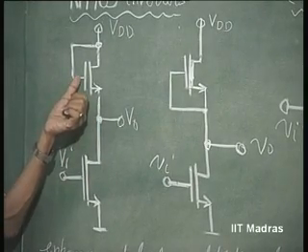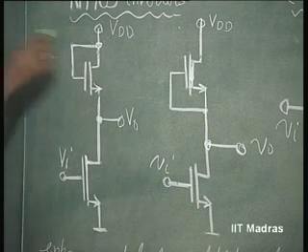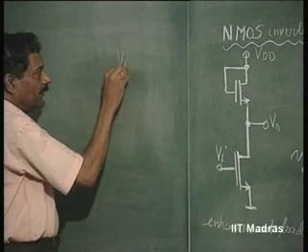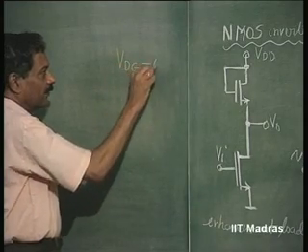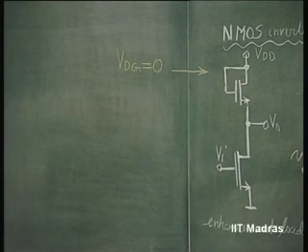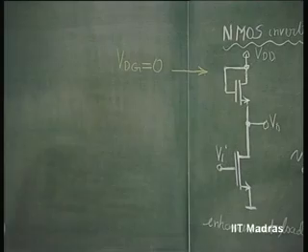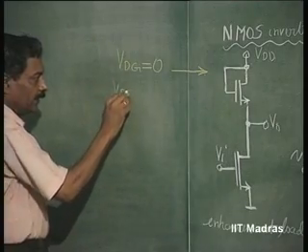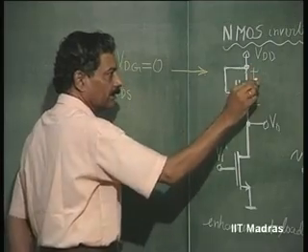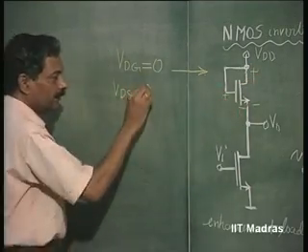Whereas, if you connect the gate to the drain, that means VDG is made equal to 0. That means VDS is always equal to VGS.